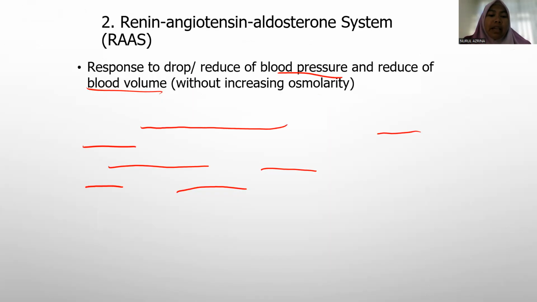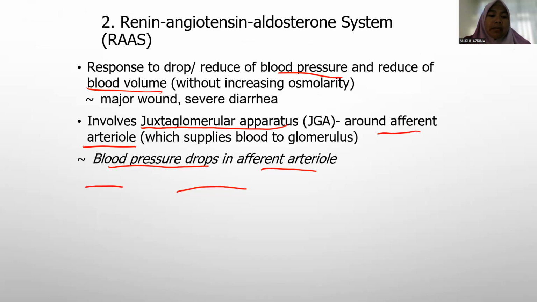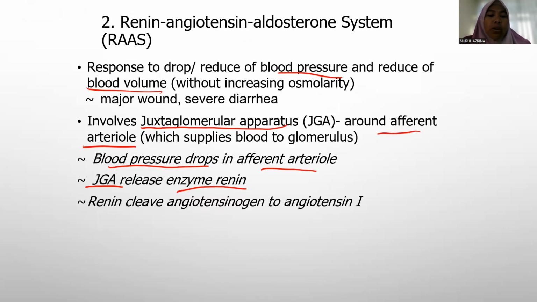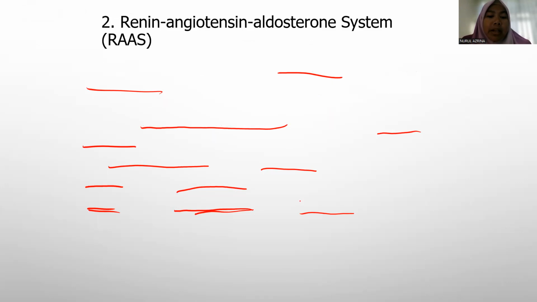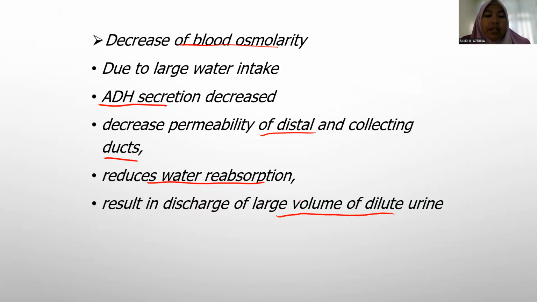Okay, next, what happened? The enzyme renin will cleave angiotensinogen to angiotensin 1. Renin is an enzyme, right? So this is renin.